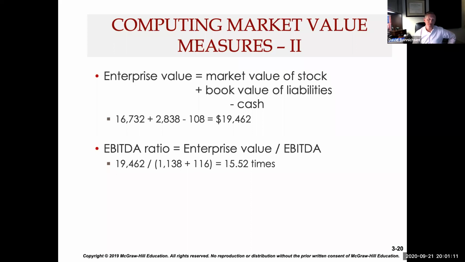So it basically says that if you're doing a back of the envelope calculation for how much you might be willing to pay for a company, if you took the EBITDA in a given year and you multiplied it by 15.52, that would give you a ballpark estimate for how much you might be willing to pay for that business if you were going in to acquire the company. Okay, so we just call these either EV for enterprise value, or the multiple for the EBITDA ratio.